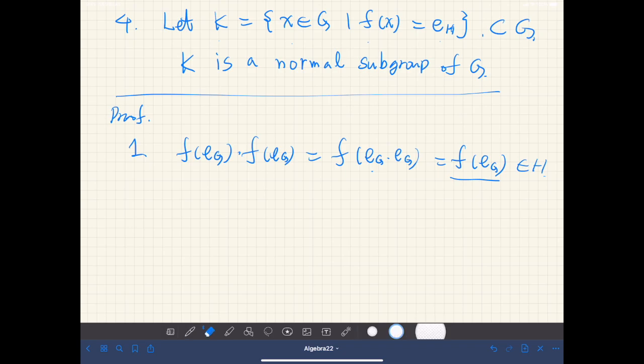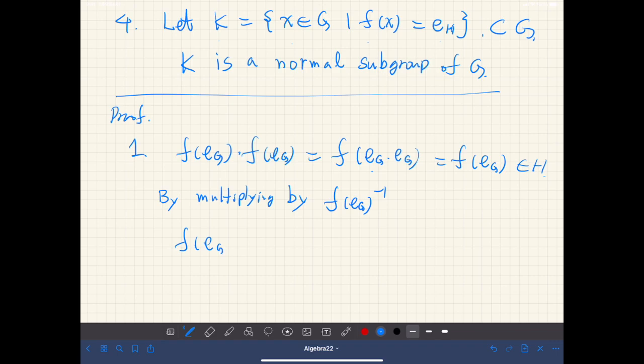So by multiplying both sides by the inverse element, F of EG inverse, then we have F of EG inverse times F of EG times F of EG equal to F of EG inverse times F of EG.